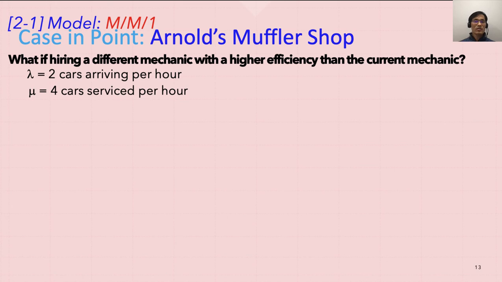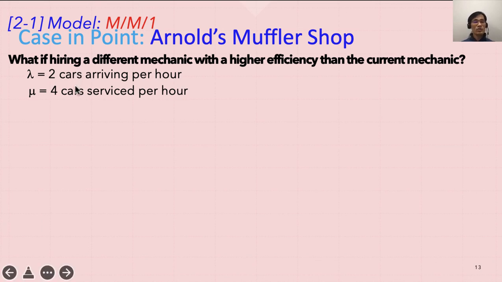Now let's think about another situation. What if Arnold wants to hire a different mechanic with a higher efficiency than the current mechanic? Say that person can fix 4 cars per hour rather than 3 cars. So his efficiency is better than or higher than the previous or current mechanic. However, the demand is the same.